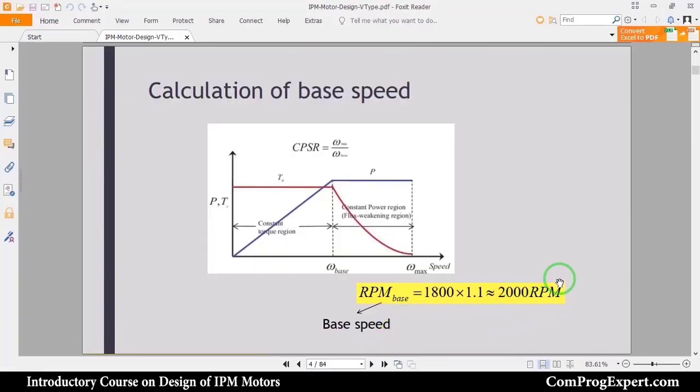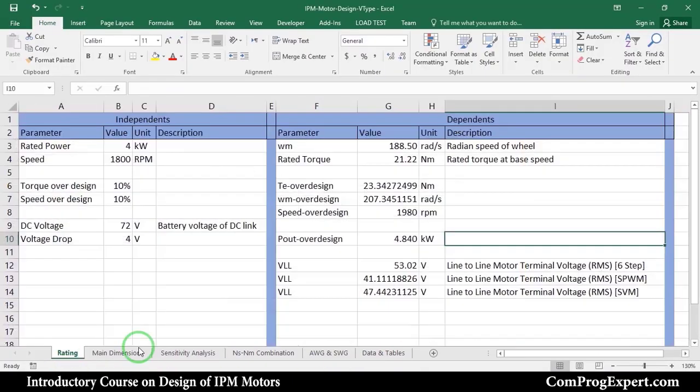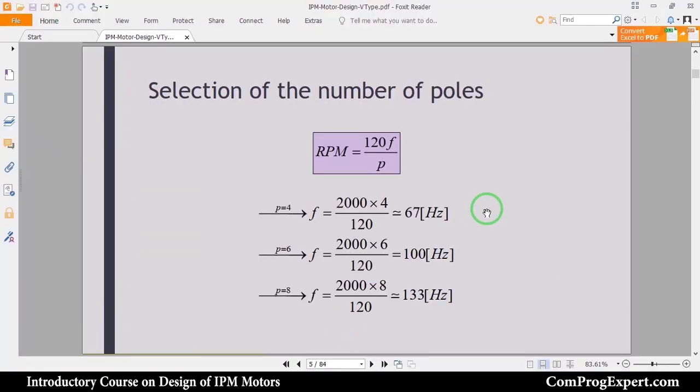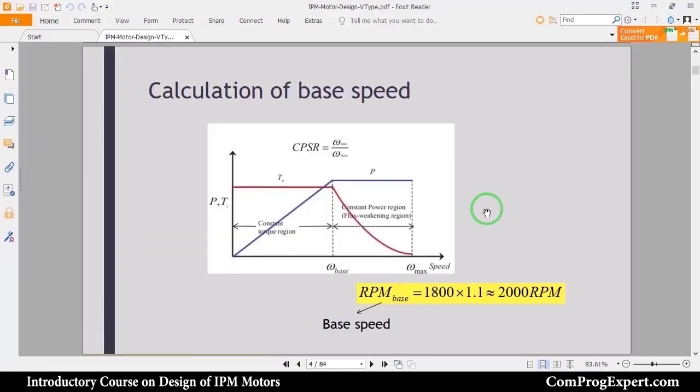This is the equation for consideration of base speed, and I explained this equation here, and I implemented the equation there. So let's summarize this section.